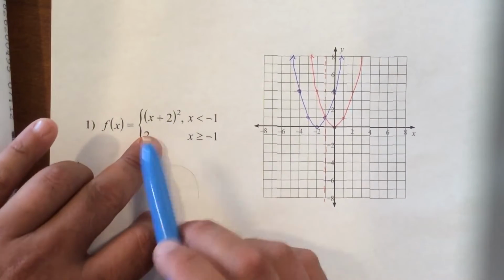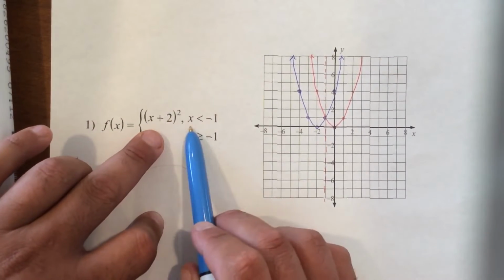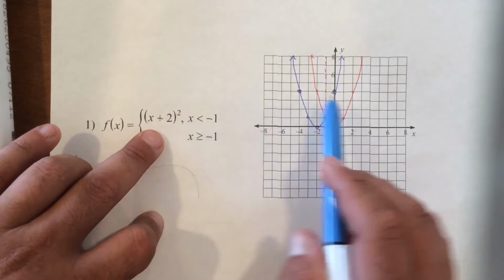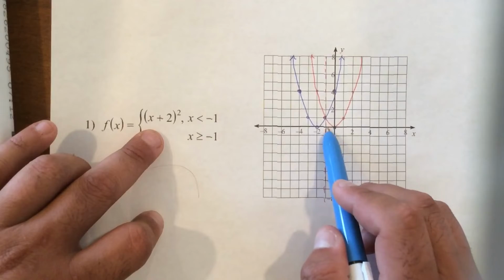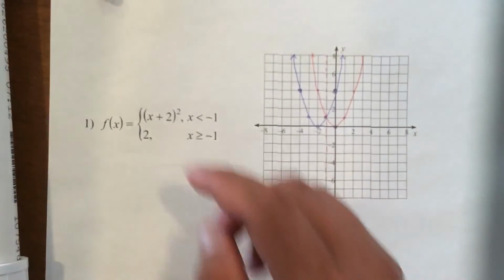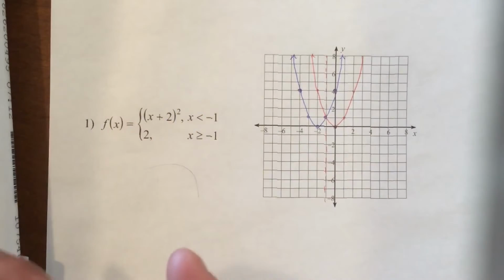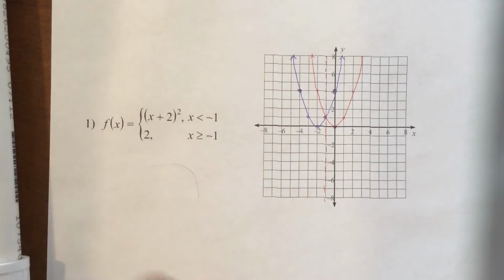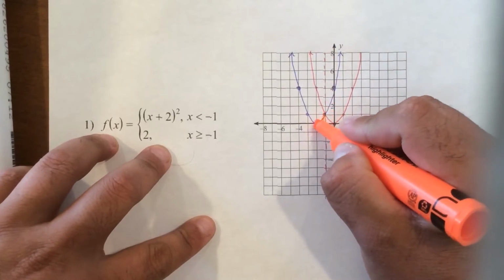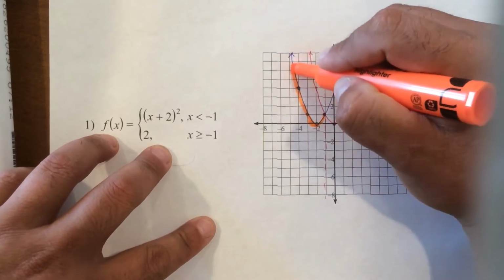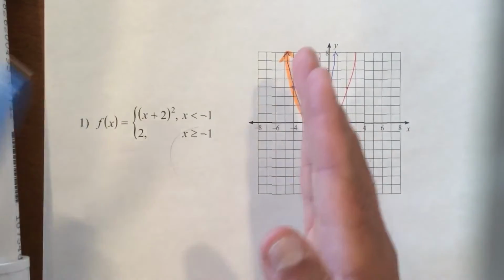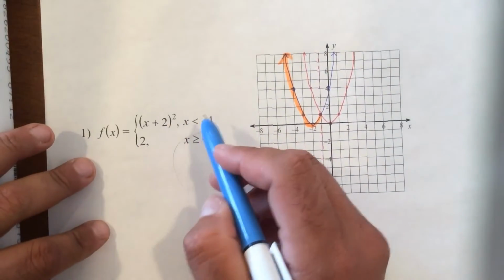So this function only exists when x is less than, not less than or equal to, less than -1. So this function only exists here, from this side. And it does not exist on this side because of this restriction here.